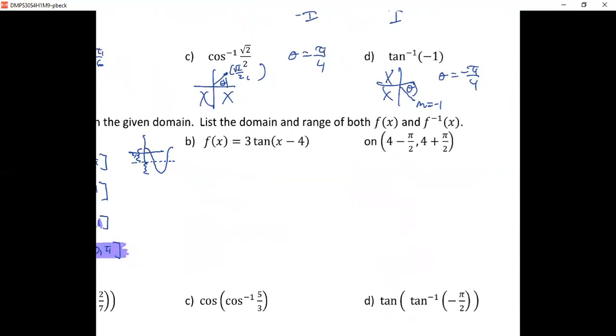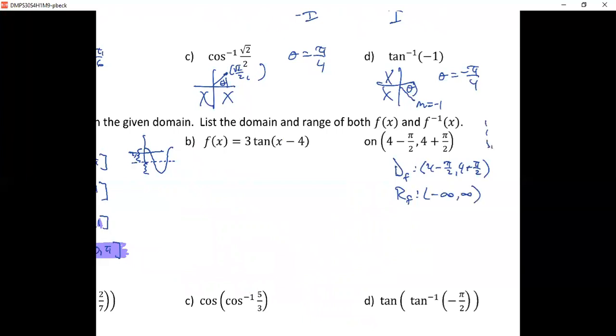When it comes to the inverse tangent graph, the domain we already said is restricted, and that's so that we can have an inverse. And if you are ever asked to find an inverse, the domain will already be restricted so that it's 1 to 1. The range of this, because it's a tangent graph, is from -infinity to infinity.